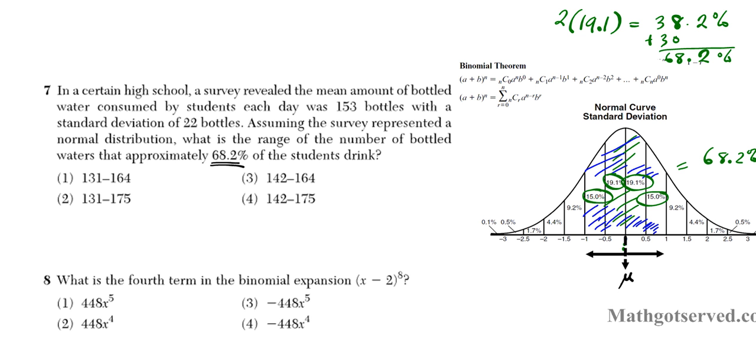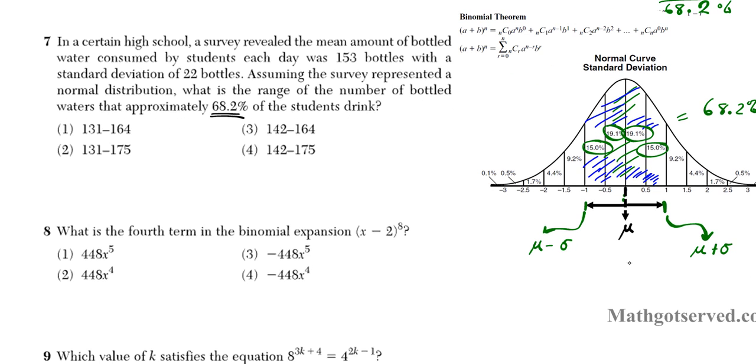So what is that expression going to be? This line and this line right here. This piece is going to be mu, the mean, minus one standard deviation, and this one is going to be the mean mu plus one standard deviation. This is just standard notation.